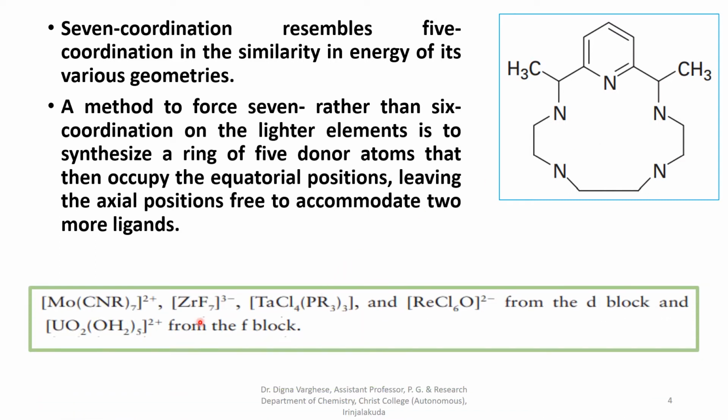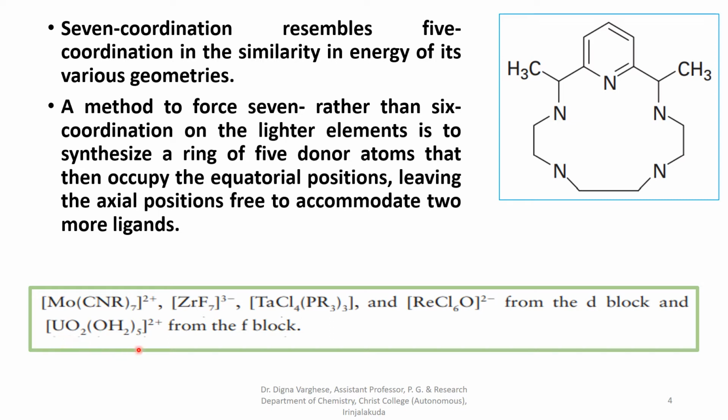Other examples of compounds having coordination number 7 are the molybdenum isocyanide complex [Mo(CNR)7]2+, zirconium heptafluoride complex, tantalum triphenylphosphine tetrachloride complex, and a rhenium complex with 6 chloride ions and an oxide ion, from the d block, and from the f block, a uranium complex.